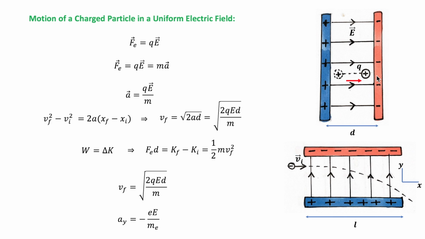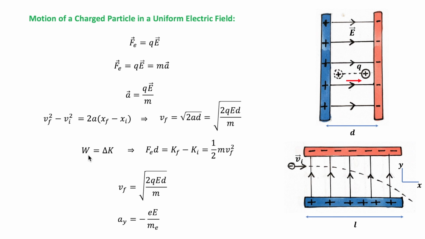If we want to find the speed of the particle after it has moved a distance d, we can use the kinematic equation, this one, and from this we can find v final. We substitute for a, and we get v final. Alternatively, we can use the work-energy theorem.